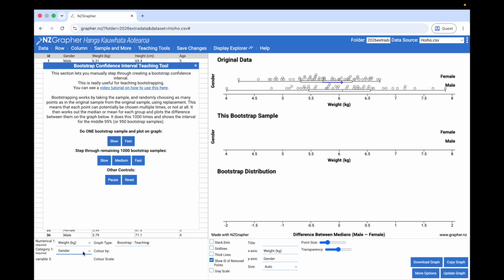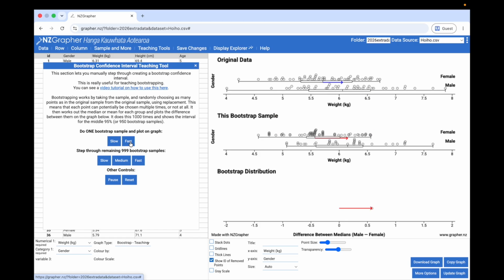So what we're going to do with this one is exactly that same process. We're going to do a bootstrap sample. I'm going to do it fast because we understand the process here. We're going into our bag, pulling one out, looking at not only the weight, but which category it goes in, and then putting it back in the bag. We do that for however many points we've got in our sample, which in this case is 100.